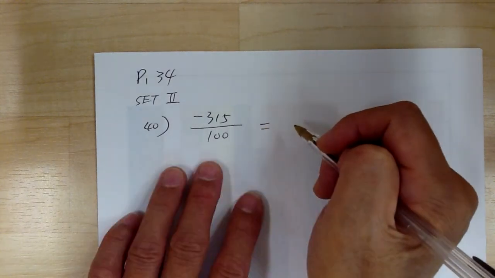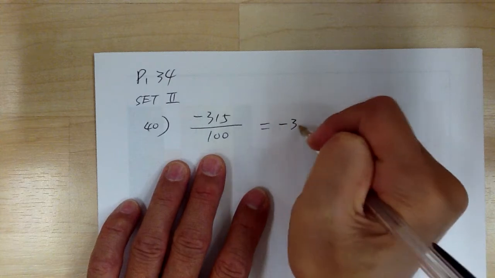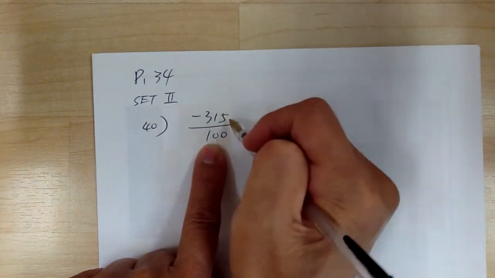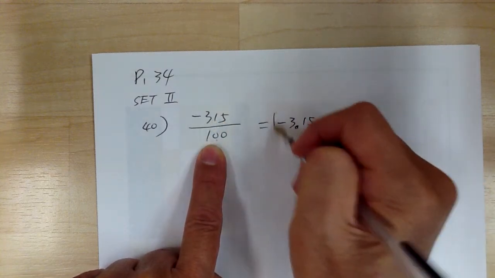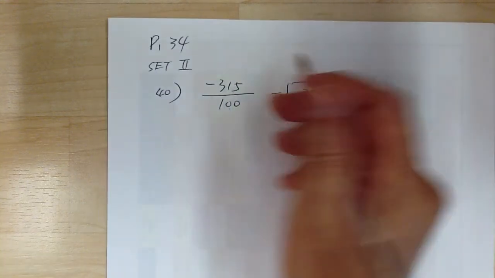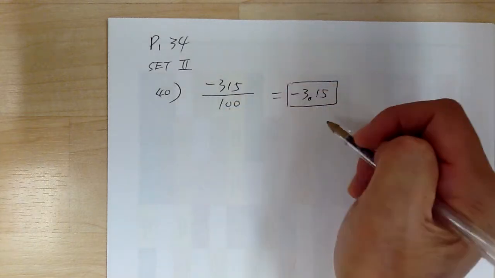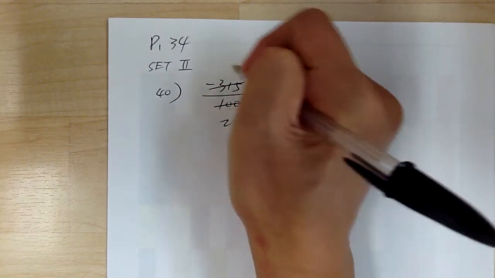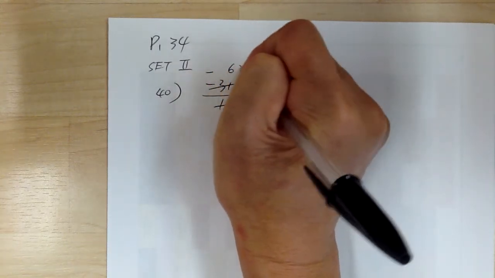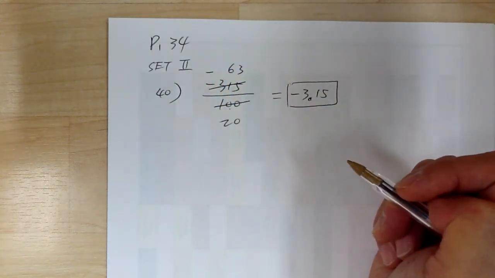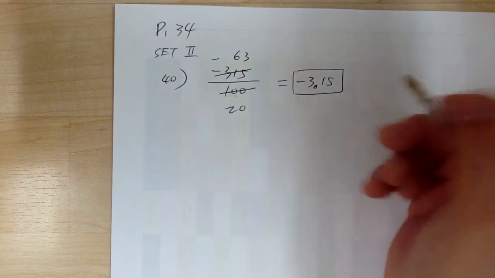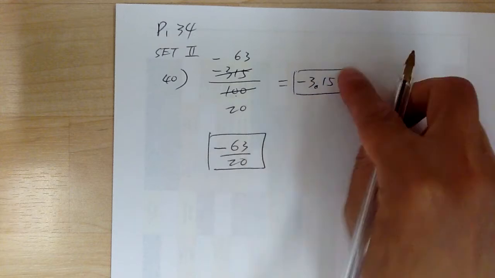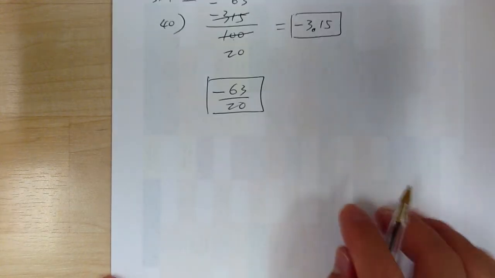This would be -3.15, because when you divide by 100, there are 2 zeros, so you move the decimal 2 places over. And that's it. But if you go by fraction, that's okay. If you use fraction, you can divide this by 5, so you get 20. Divide by 5, you get -63. And that's it. So your answer would be negative 63 over 20. So either way is fine, whichever you prefer.